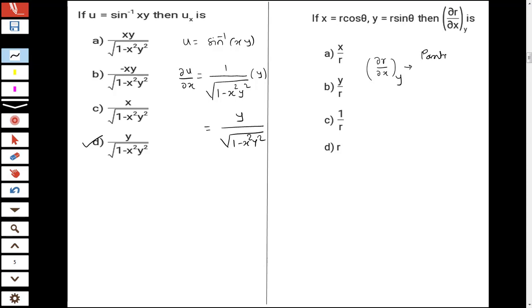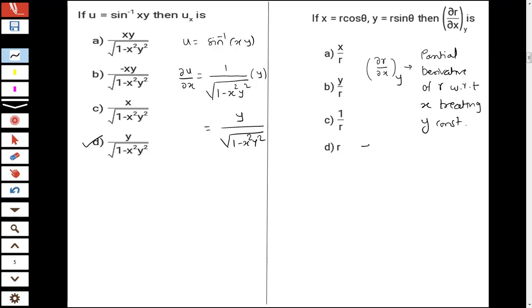Partial derivative of r with respect to x, treating y constant. Means in this example they have mentioned which variable you have to treat as a constant.